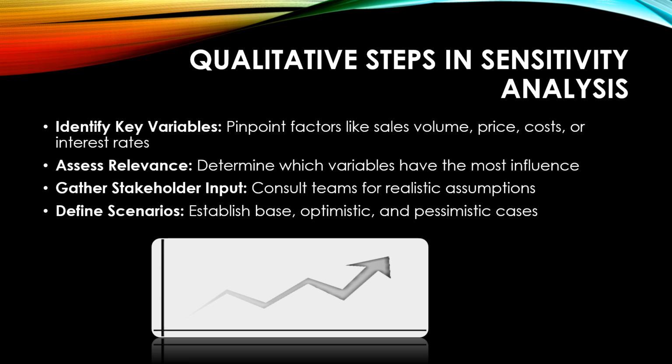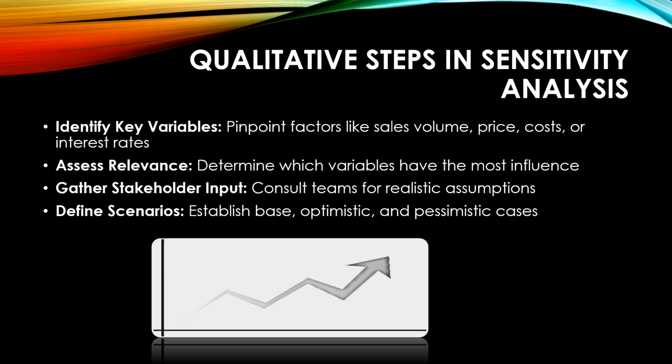And qualitatively, we need to identify key drivers that shape our project. We then need to prioritize these drivers to see which ones we can rely on for the most value.